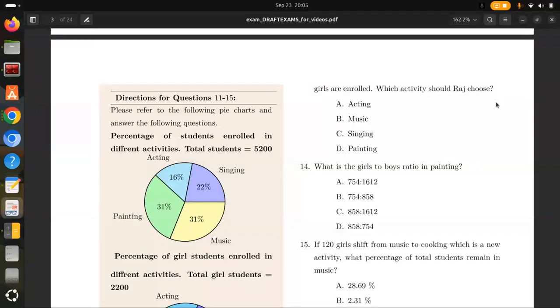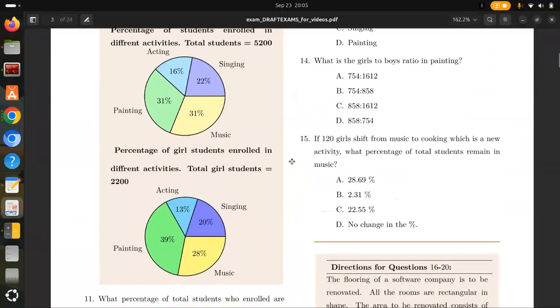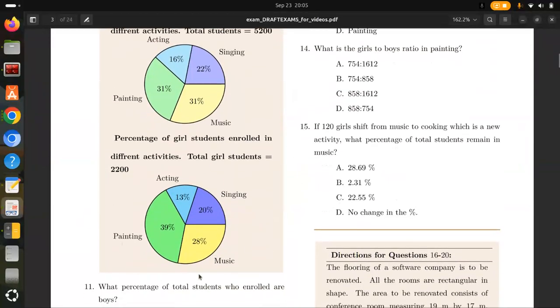This is an interesting question, but I think it is quite easy to answer. Look at which activity has the most number of girls. Directly the pie chart is telling 39% painting. We can actually calculate the number also, 2200 into 39, or 22 into 39, but right now that is not needed. Most number of girls are in painting activity.